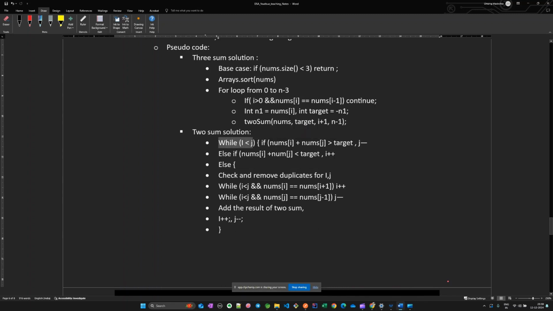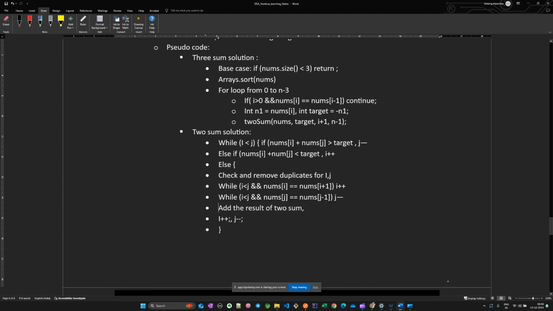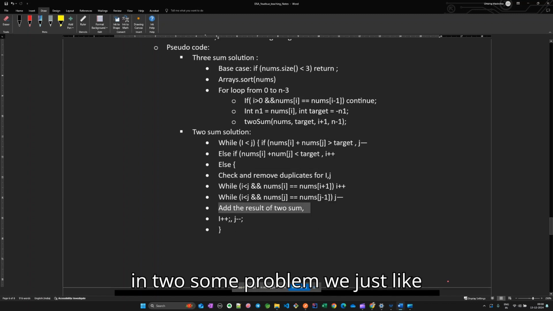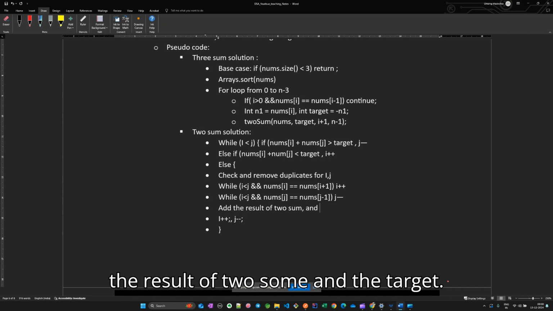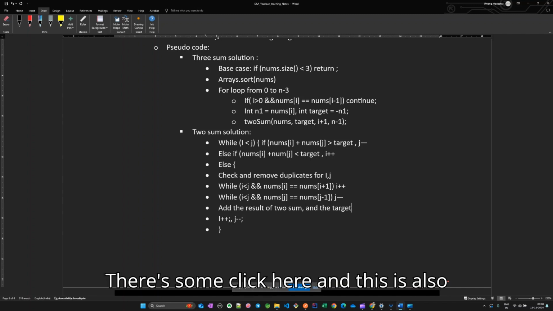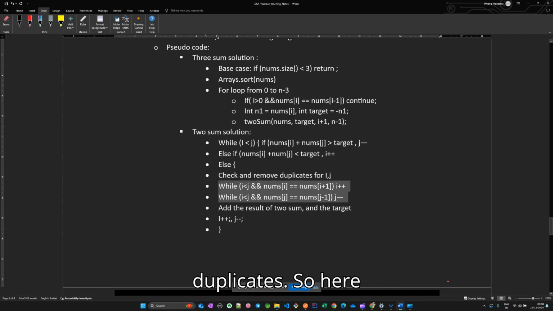While i is less than j, there is some tweak in the result of two sum. In the two sum problem, we just add the two sum answer, but here we add the result of two sum and the target. This is also a tweak because we need to handle the duplicates.